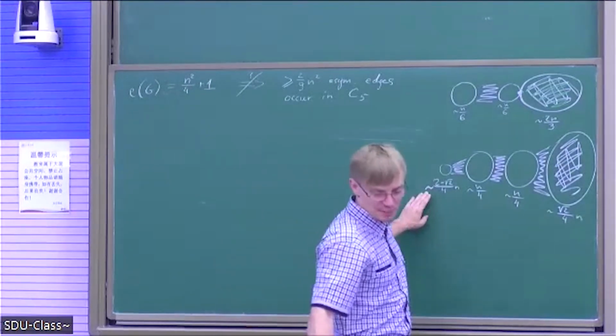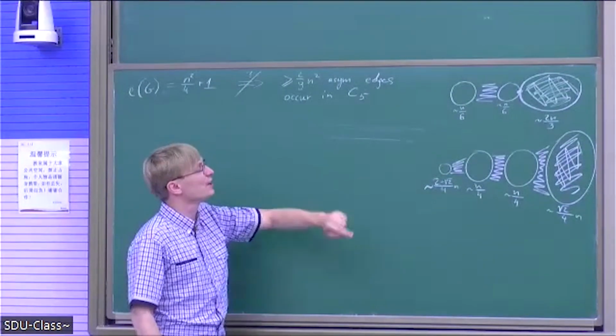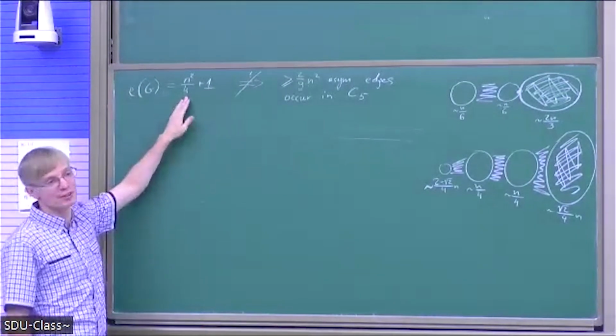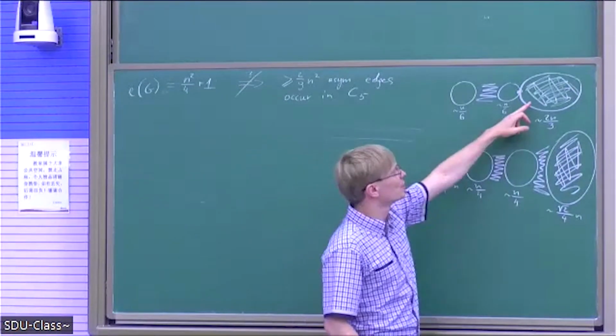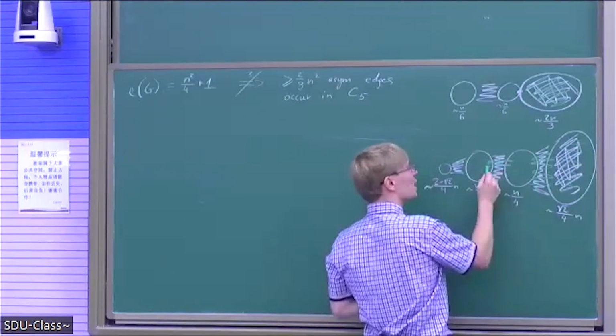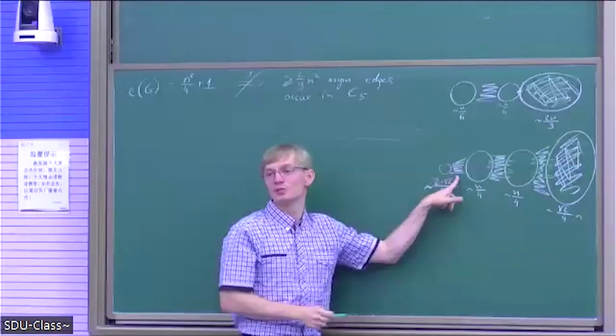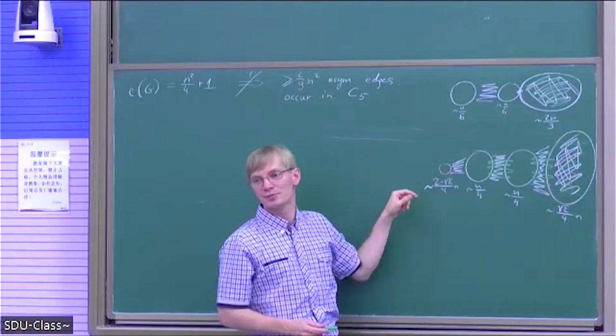Those sizes are taken in such a way that the number of edges is roughly n²/4. Now the edges that do appear in 5 cycles are here between those parts, but those do not, because it's too far to close a 5 cycle.